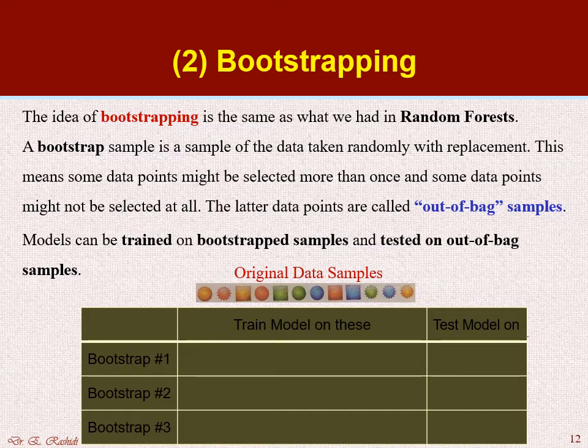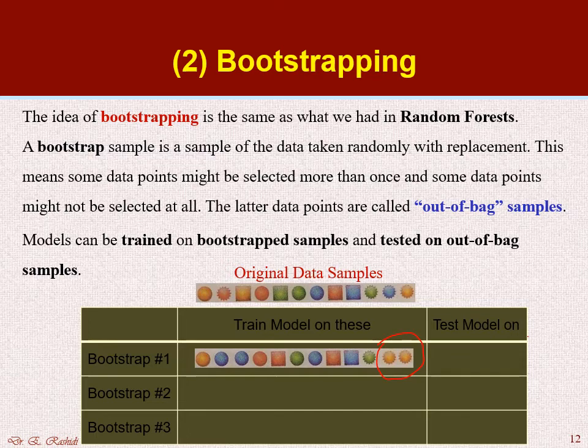So for example, we're going to build a bootstrap right now. This is our bootstrap. This is again 12 shapes, but not all of them are different. For example, we have picked 2 plus 1, 3 blue circles, 2 red squares, and 2 orange shapes.